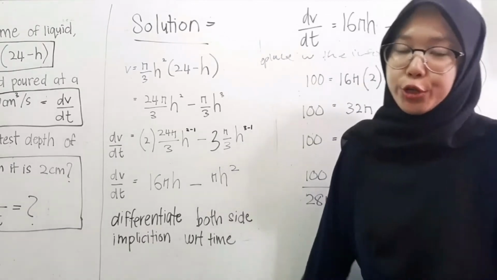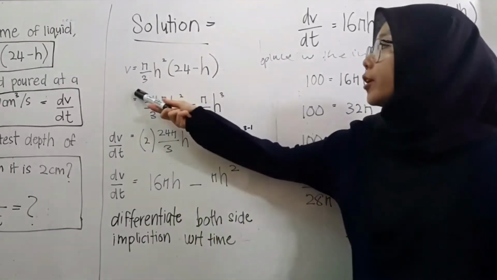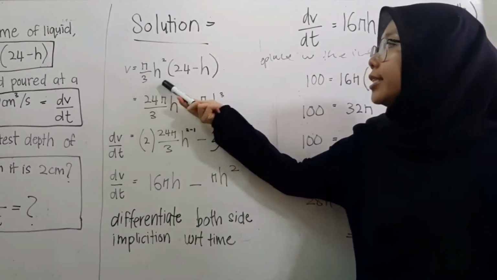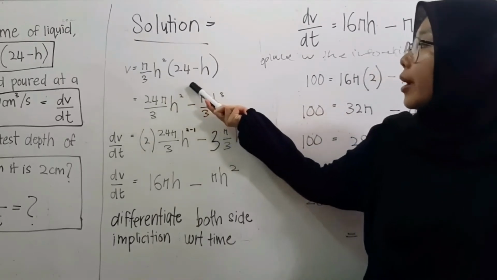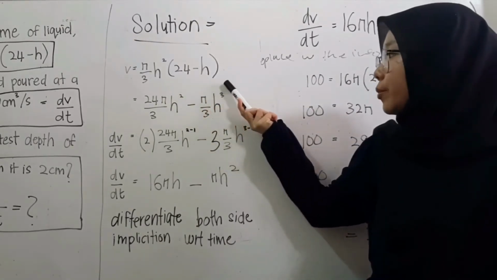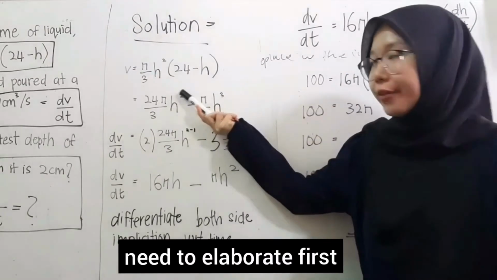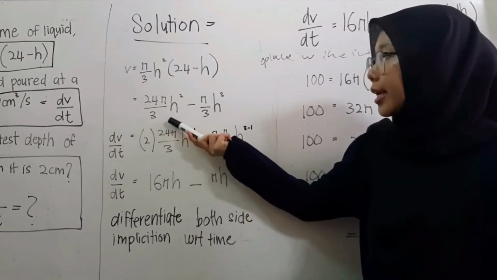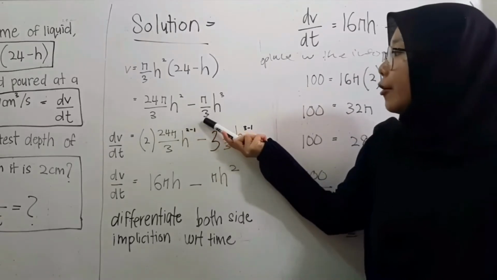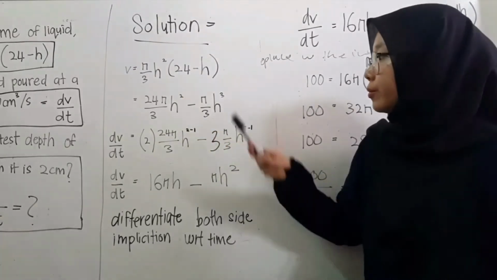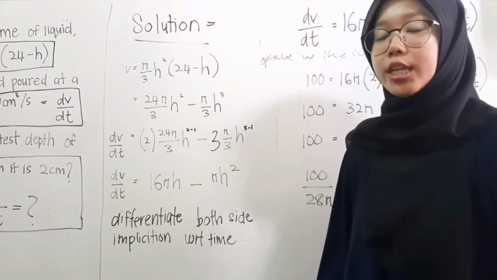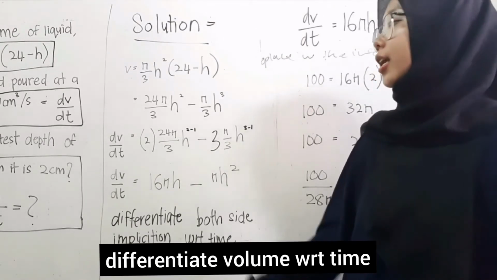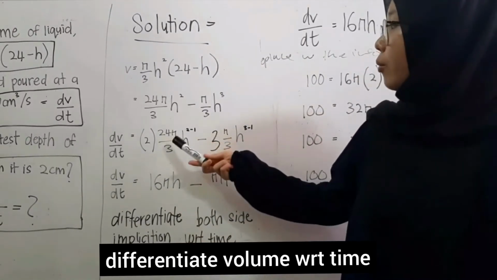First, we start with volume. Volume here, V equals pi over 3 H squared open bracket 24 minus H close bracket. We need to expand first. It will become 24 pi over 3 H squared minus pi over 3 H cube. Next, we need to differentiate volume. How?